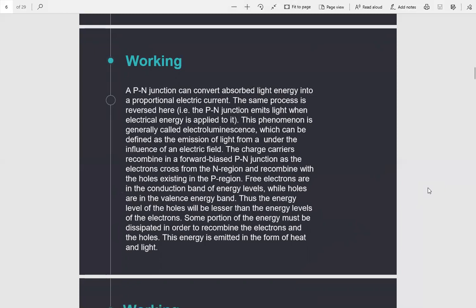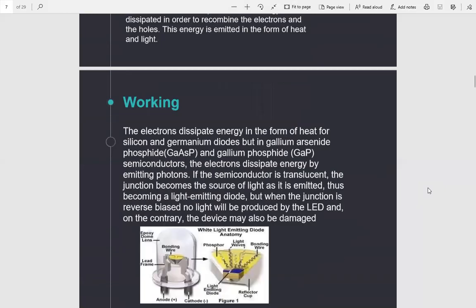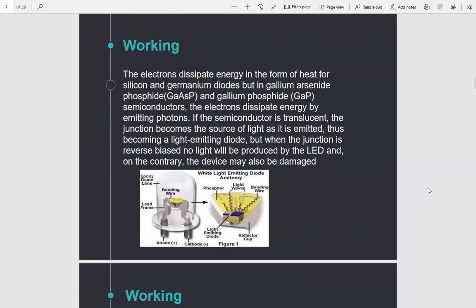This energy is emitted in the form of heat and light. The electrons dissipate energy in the form of heat for silicon and germanium diodes, but in gallium arsenide and gallium phosphide semiconductors, the electrons dissipate energy by emitting photons.